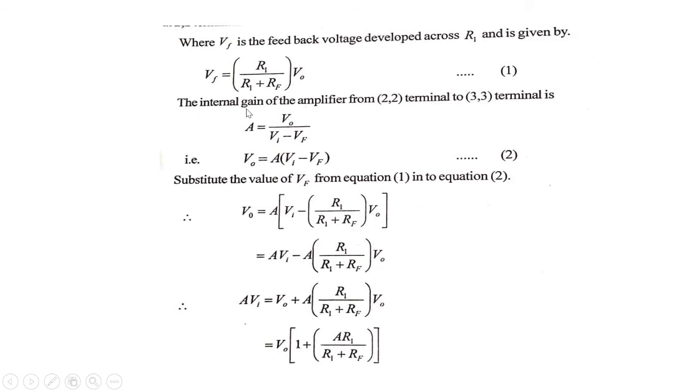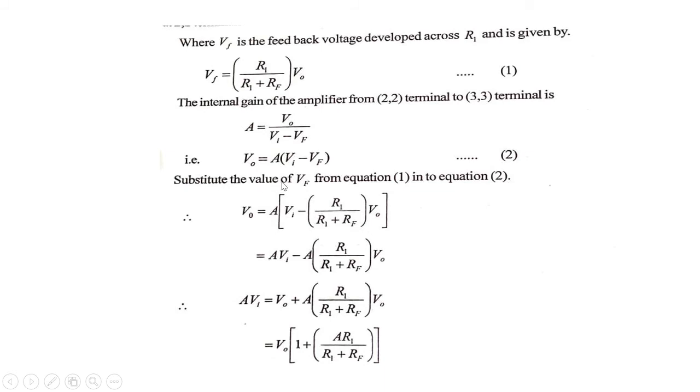The internal gain of the amplifier from 2 terminal to 3 terminal is A equal to V0 upon Vi minus Vf. That is, V0 equal to A into Vi minus Vf.